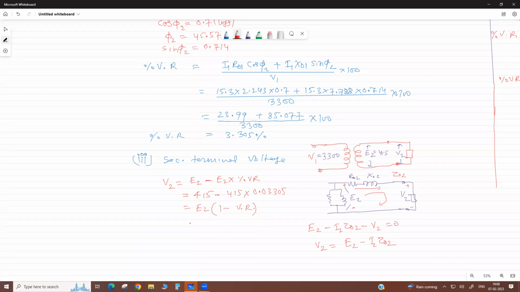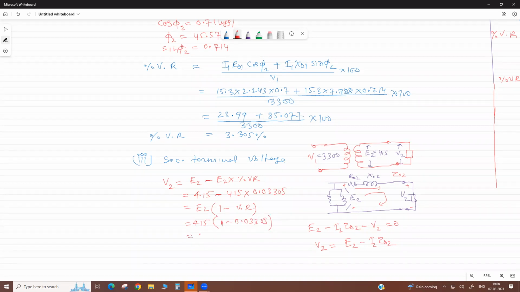This will give you the result directly. Here you can take 415 common, so for easy calculation you put 0.03305.